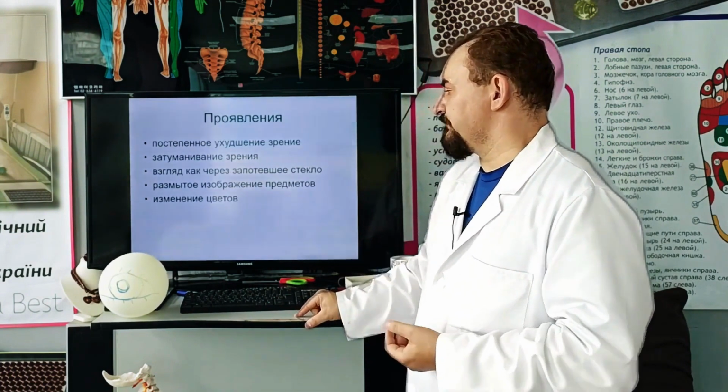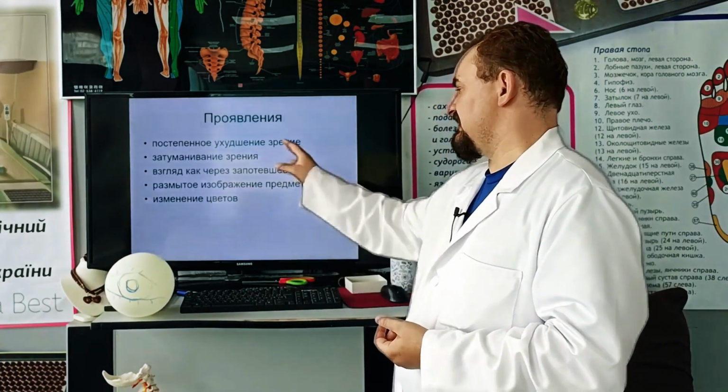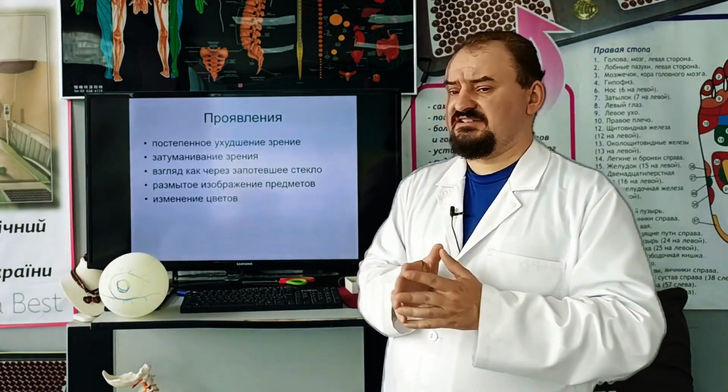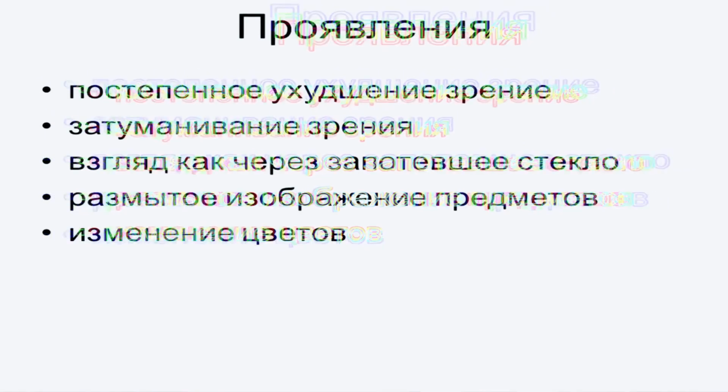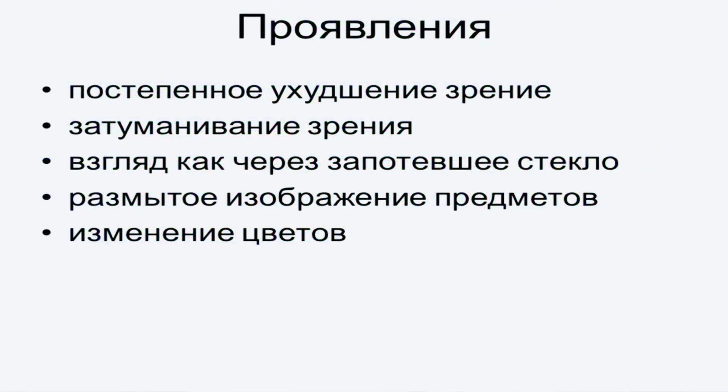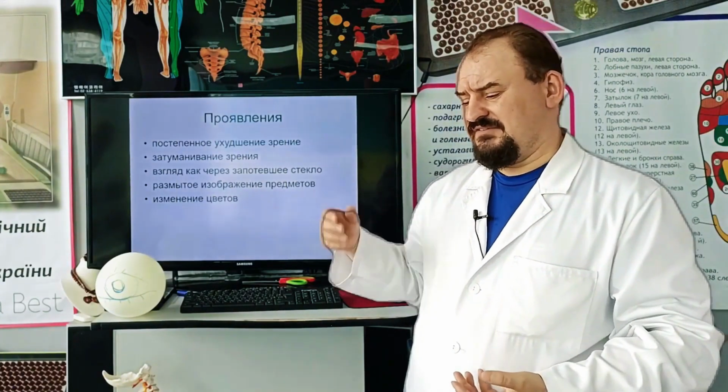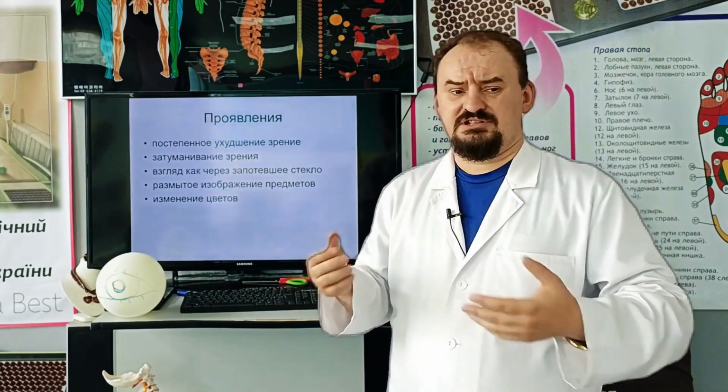The main symptom is a gradual decline in vision. What's characteristic is that the vision deteriorates slowly over time. If a person doesn't pay close attention to their eyes, this decline in vision can happen so gradually and subtly that they don't even notice it. And sometimes people don't even realize that their vision is getting worse.